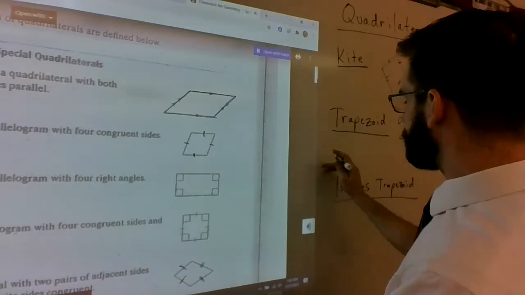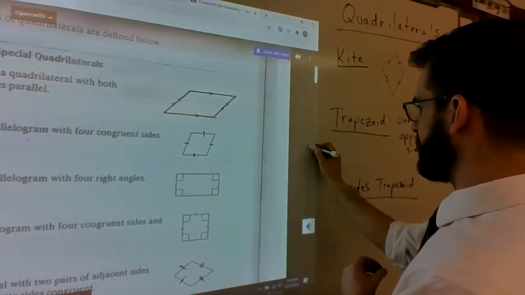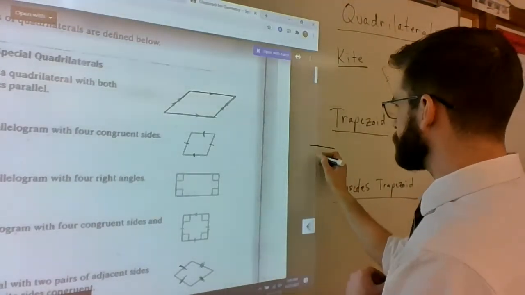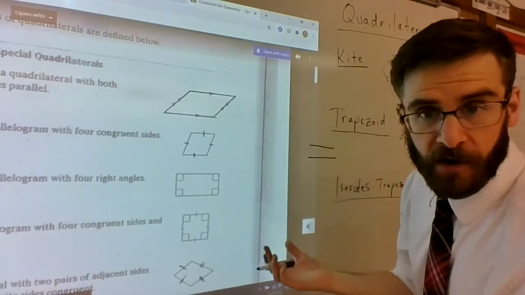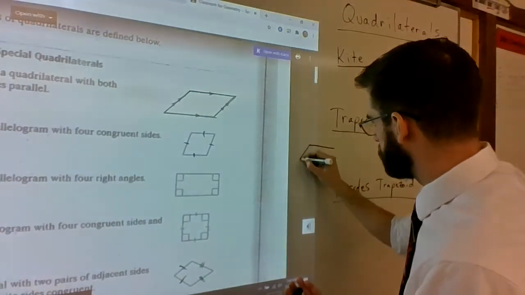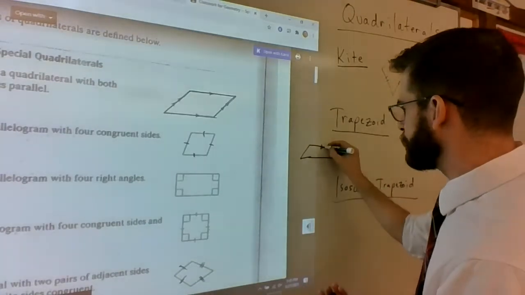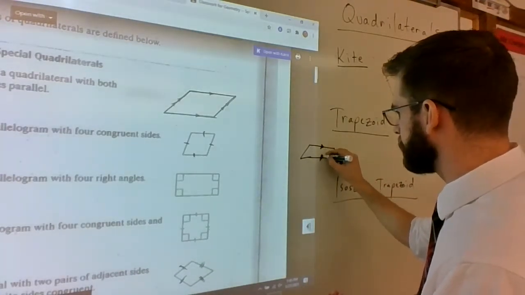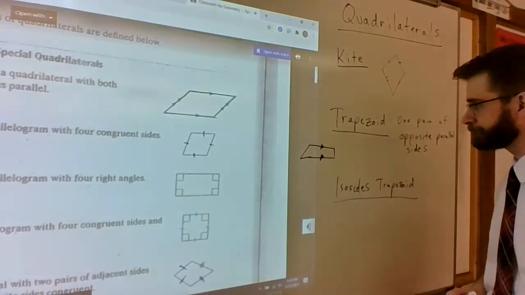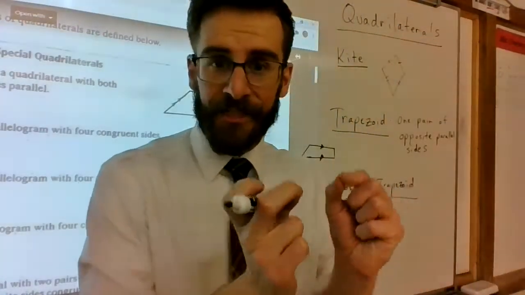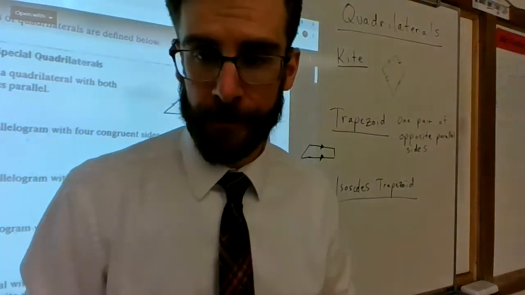So all we need for a trapezoid to exist is, say, these two sides are parallel. These right here aren't. So as long as we've got this going on, we've got a trapezoid, with those little arrows meaning these two sides are parallel to one another.